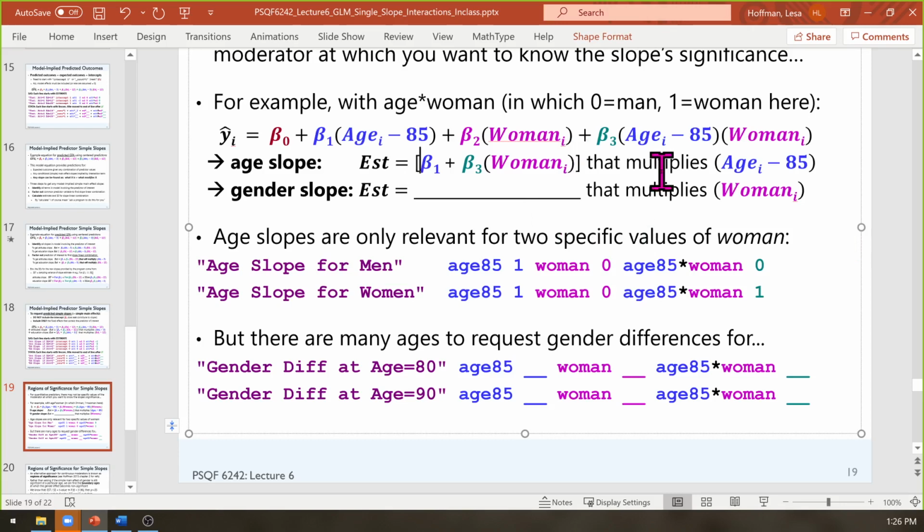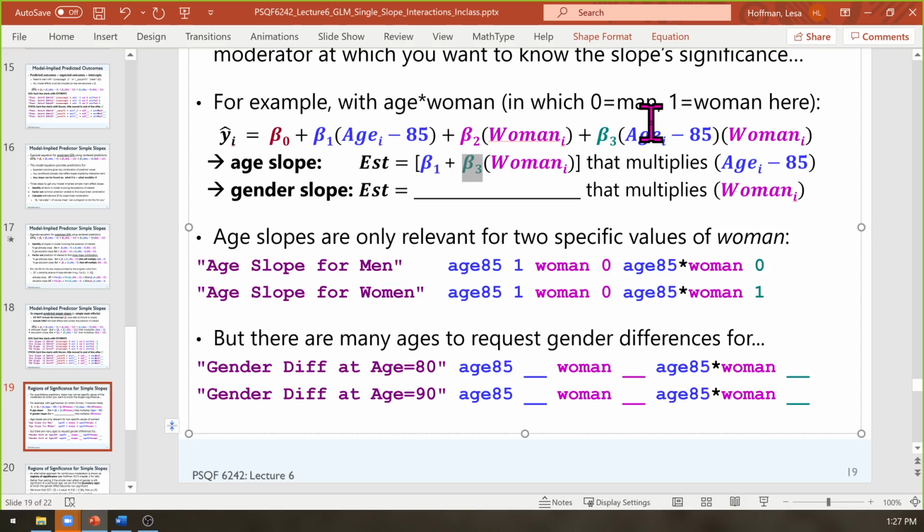So beta 1 is going to tell me the age slope for men specifically, and I will get a significance test for that. Beta 3 is going to tell me how the age slope for women differs from the age slope for men as the reference, and I will get a significance test for that.